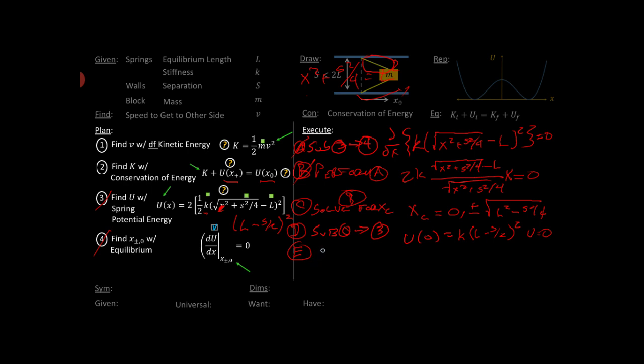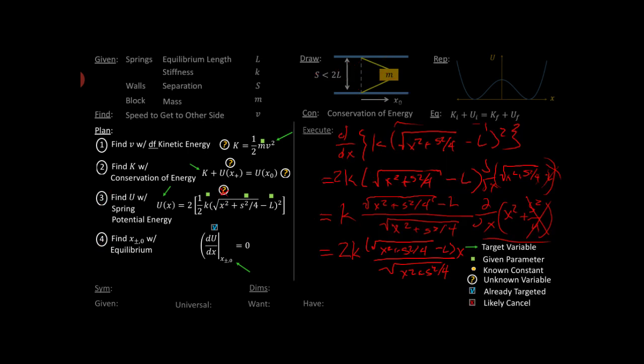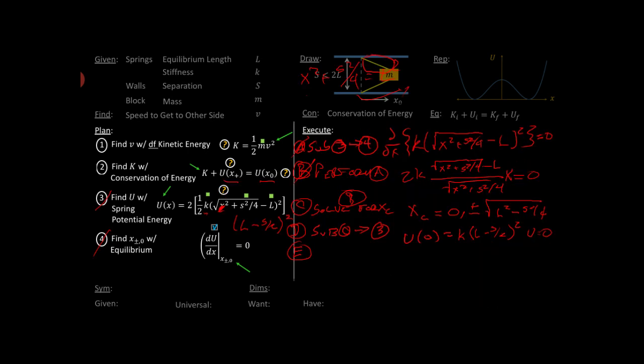Okay, so now what I need to do is plug these guys into 2, right? I press the... That's what happens if I touch the screen. So we need to substitute that into 2, and let's go ahead and put 1 as well in there.